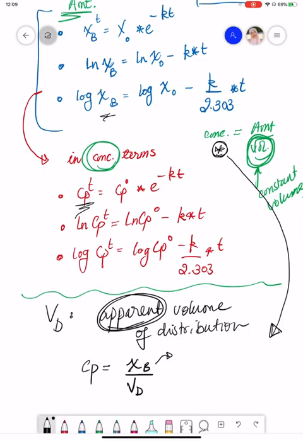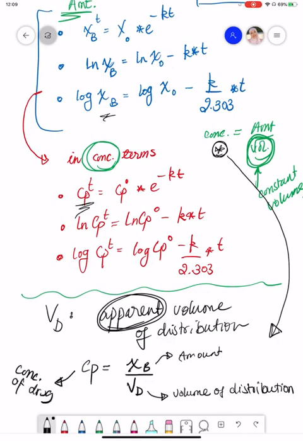So this is the amount, this is the apparent volume of distribution, and this is the measured concentration of the drug.